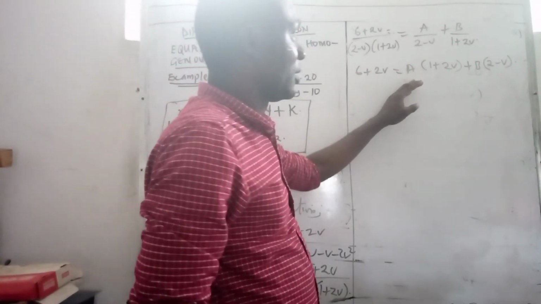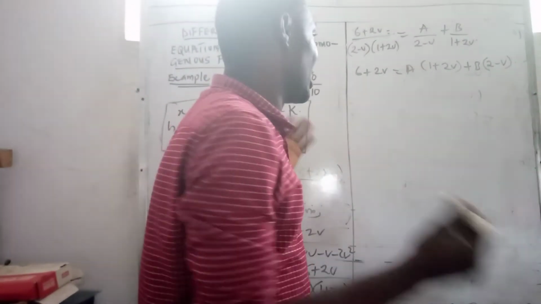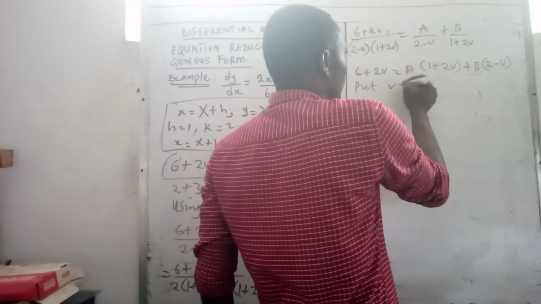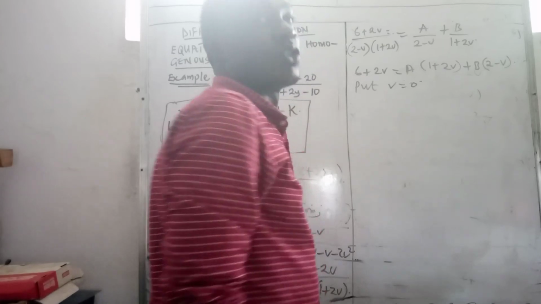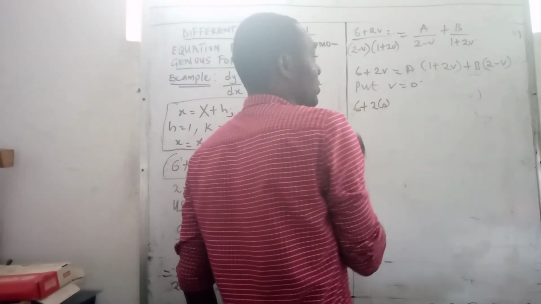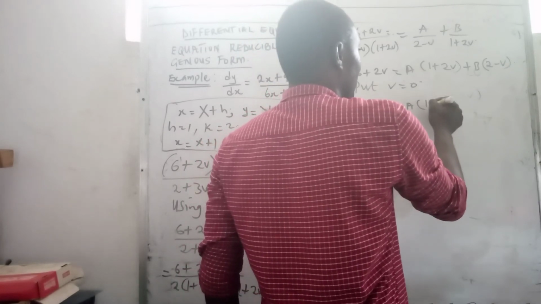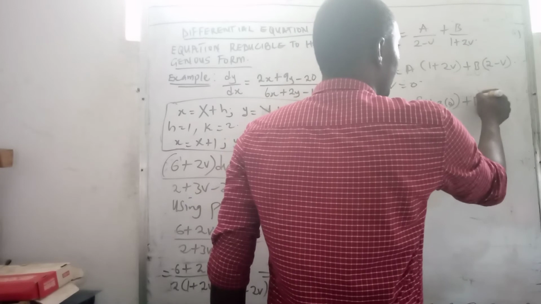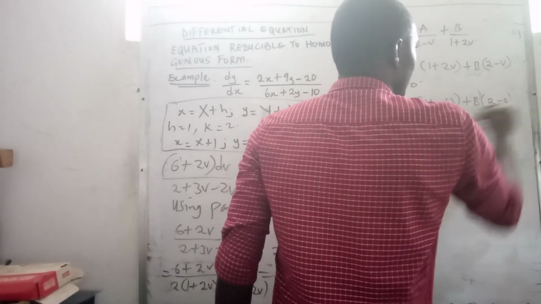Now, we can start from anywhere. Let's put v equals 0. So if I put v equals 0, I'm going to have 6 plus 2 times 0 equals a into 1 plus 2 times 0 plus b into 2 minus 0.